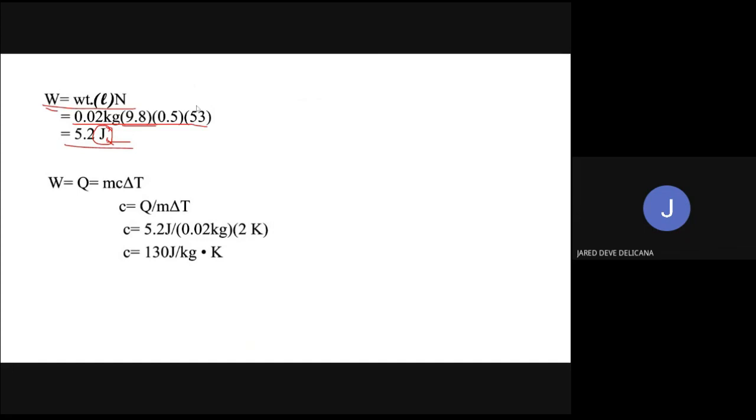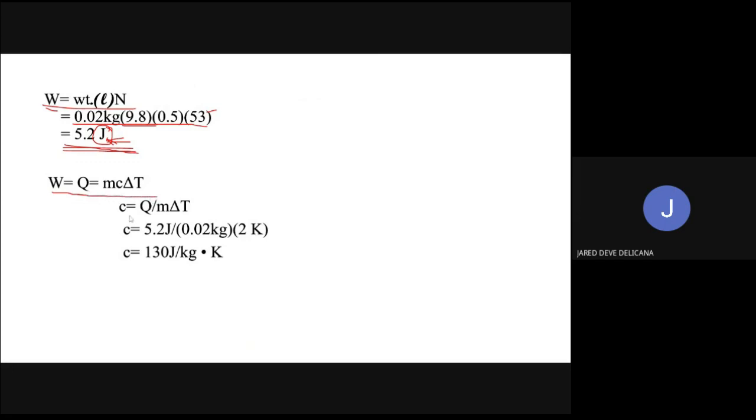You can put all of the units as long as you come up with a J here. So that's 0.02 kilogram times 9.8 times 0.5 times 53 inversions. This is dimensionless. And so we have 5.2 joules. So after 53 inversions, the shots gain 5.2 joules, and that is just equal to our Q here.